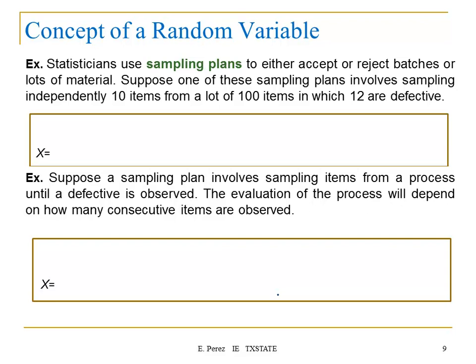You can have 0, you can have 1, you can have 2, up to 10, right? So your random variable needs to capture all the values that you can have from that experiment, which is the number of defectives. So let me write that down.